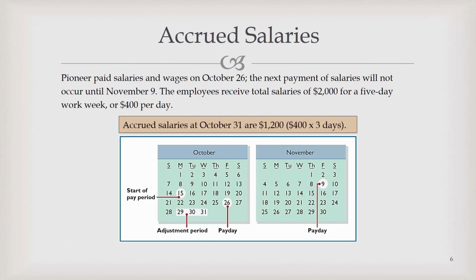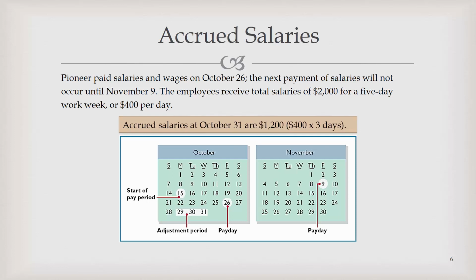Let's look at accrued salaries, right? You know that you work during the week, but you don't actually get paid at the end of every day that you work. You usually get paid every 2 weeks or maybe twice a month, depending on what your employer does. So your employer has to record the accrued salaries for what you've worked, but you haven't been paid. So here we have Pioneer. They last paid salaries and wages on October 26th.